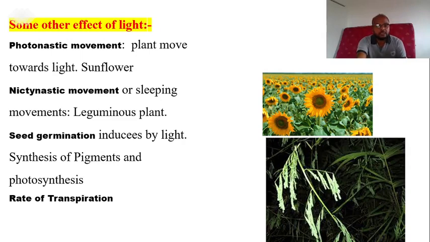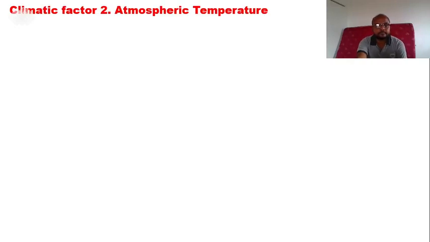As well as light also affects the rate of transpiration. That means when there is bright light intensity, the rate of transpiration is also more, and when there is low light intensity, there is a low transpiration rate. So this is about light as a climatic factor.